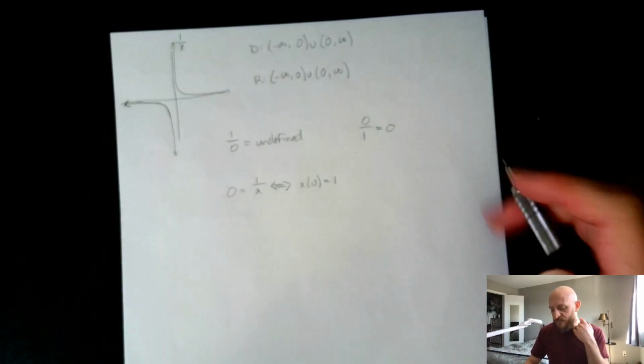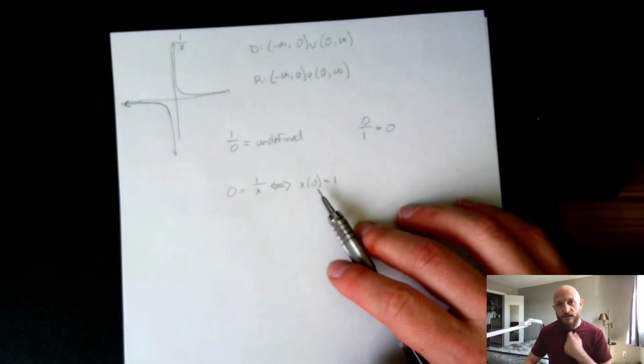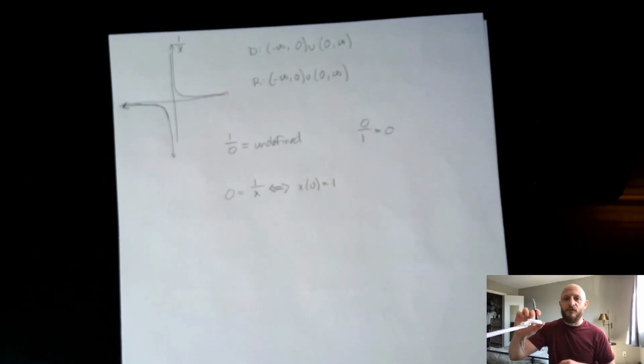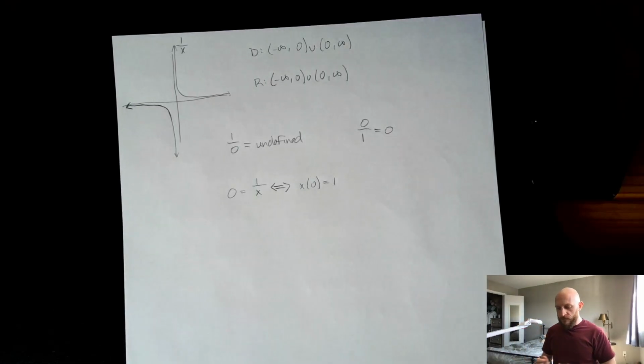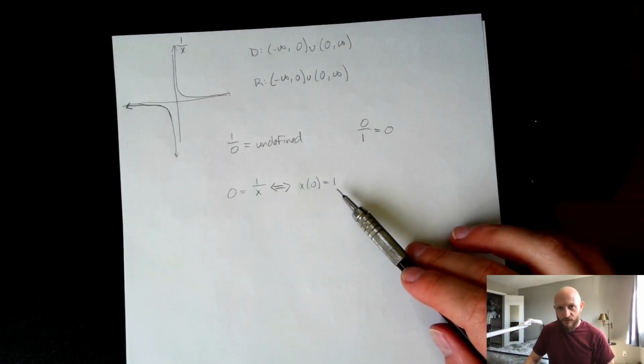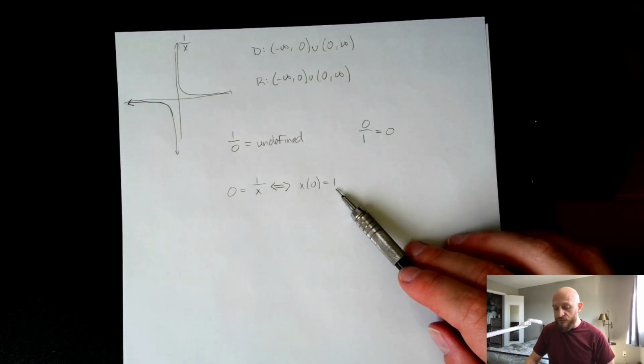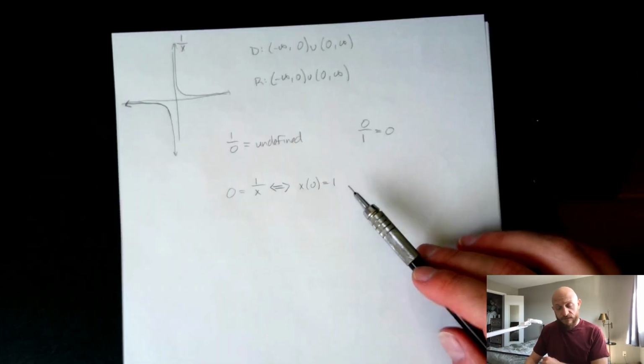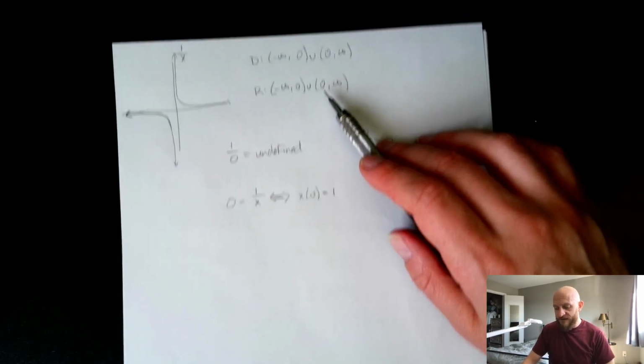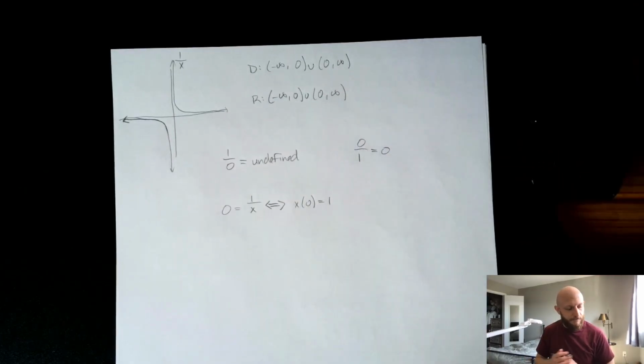In our number system, anything times 0 is always just 0. It's never 1. So there are no x values that will produce 1 over x equals 0. So the range is negative infinity to 0, union 0 to infinity. Okay, so that's domain and range.